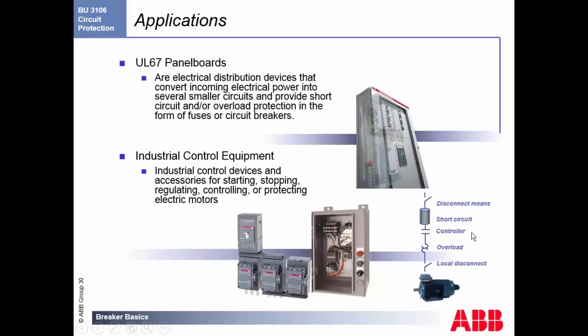So you have your overload, you have your short circuit, you have your disconnect means. So all you really need is a controller, which can be supplied with a motor control unit and an MCU. It can be a simple contactor if you want. And then you have a local disconnect switch, which could be a T-Max breaker, those little breakers that we talked about. You can wrap all this into one simple cabinet that can run several different motors, meet NEC code, and still be UL67 compliant.